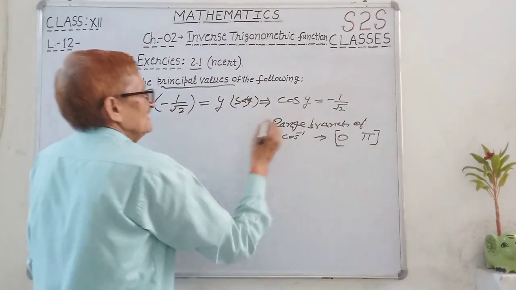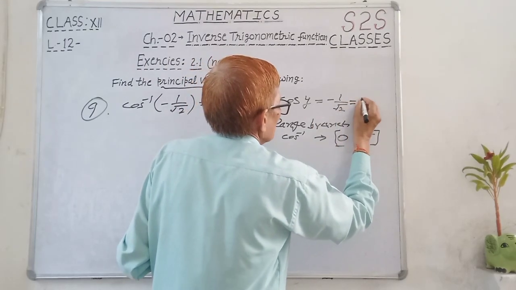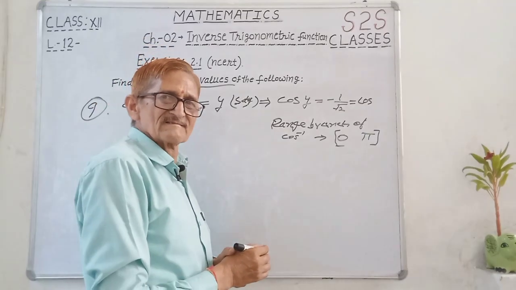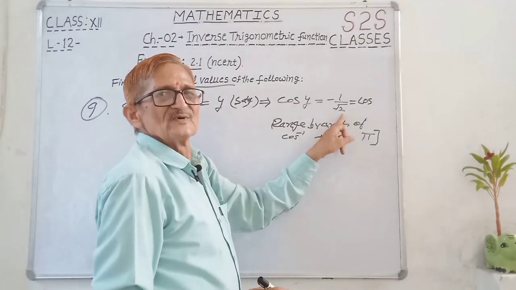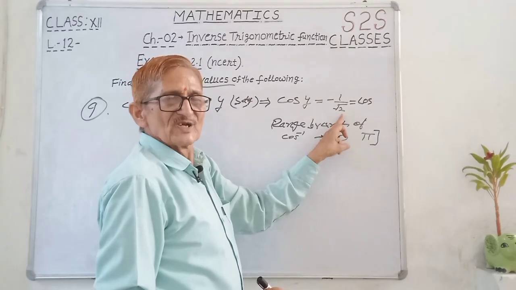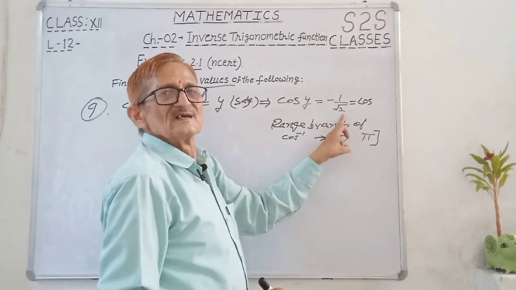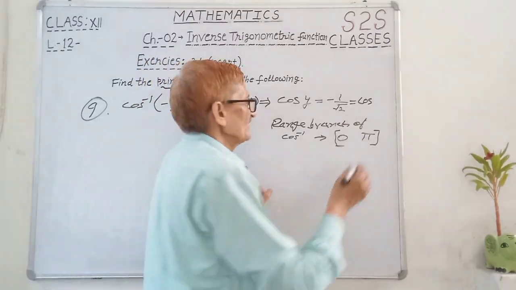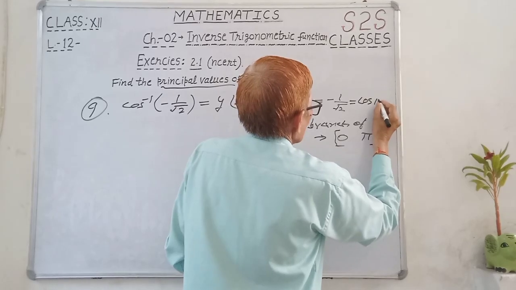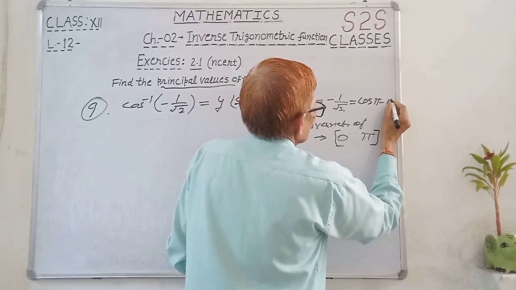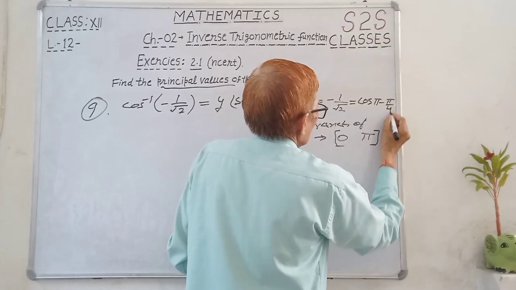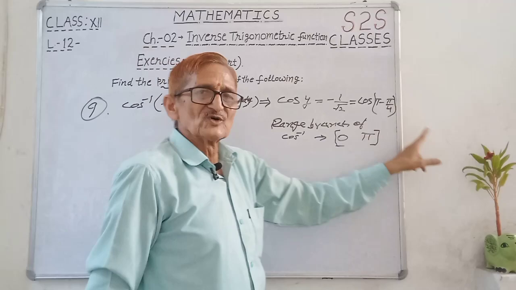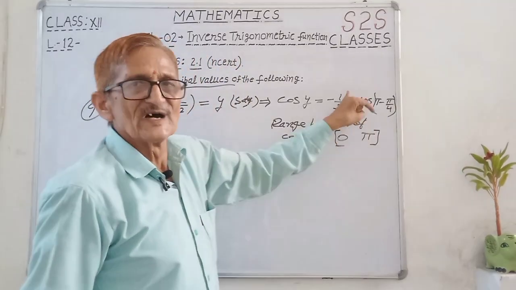In the second quadrant we can write cos of pi minus how much? This 1 upon root 2 theta is pi by 4, because cos pi by 4 is 1 upon root 2, and sin pi by 4 is also 1 upon root 2, 45 degrees. Then in second it is negative, so pi minus pi by 4. Cos of pi minus pi by 4 is minus cos pi by 4, which is minus 1 upon root 2.